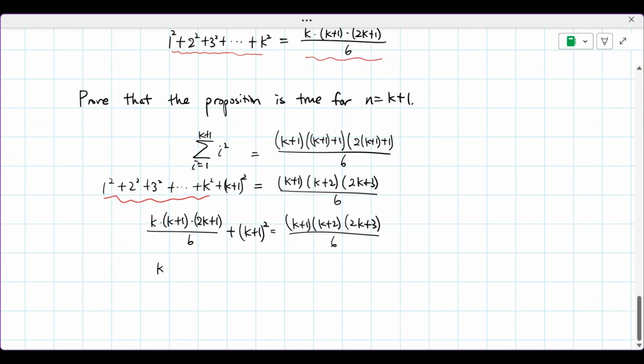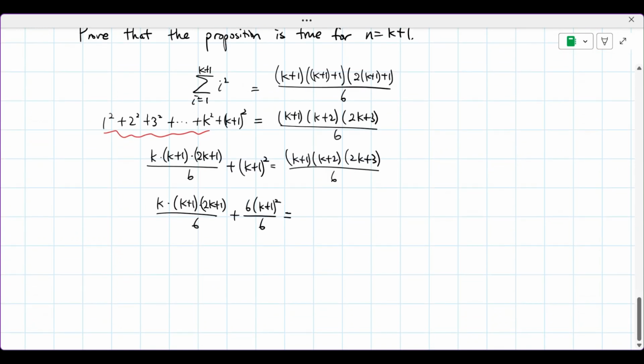So I can say k times k plus 1 times 2k plus 1 over 6 plus 6 times k plus 1 squared over 6. And then I'll factor out k plus 1 from both terms, which is going to become k times 2k plus 1 as the first term plus 6 times k plus 1 as the second term.